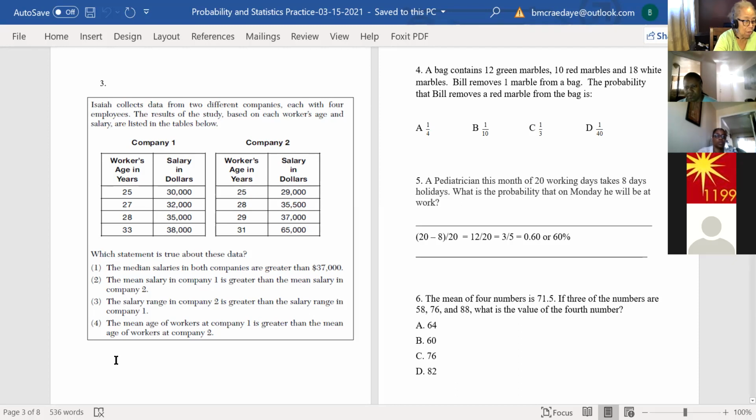Okay. So for company 1, the median is equal to 32,000 plus what, Michelle? Plus 35,000.